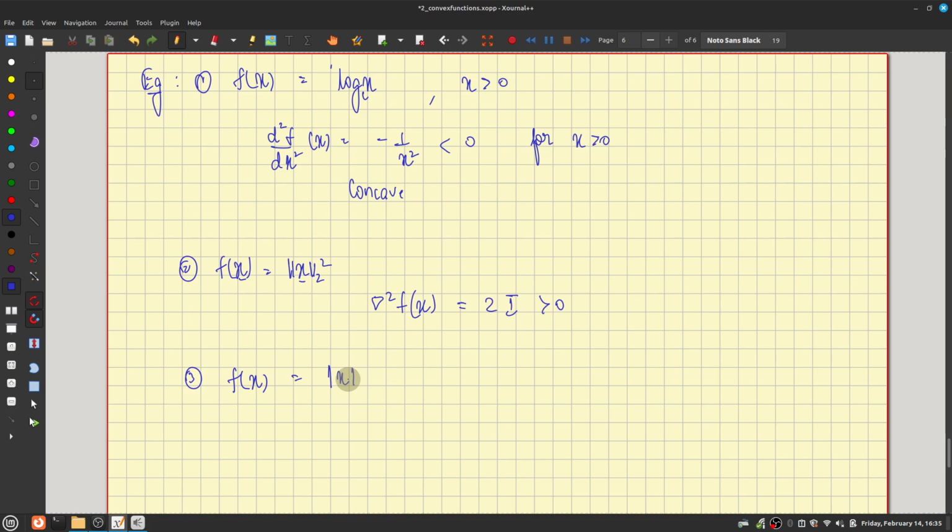The claim is that this is a convex function. Why is this convex? You have to prove whether it's a convex function or not. Double derivative is 0. Okay, so let's take f of x equal to minus mod x. Double derivative is also 0 at all points except 0.